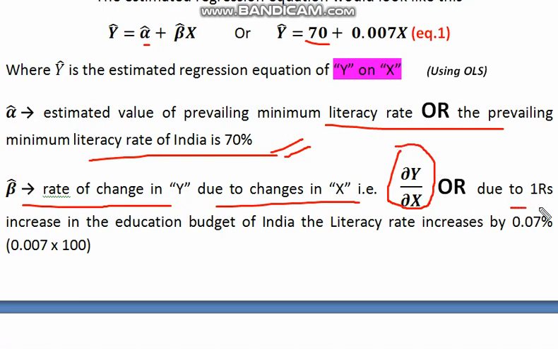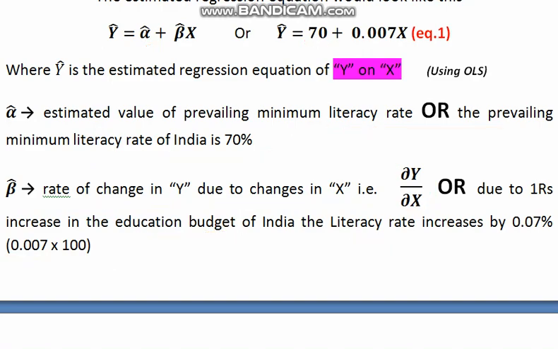Simply in literal terms, it will give us the amount of increase in the literacy rate due to a 1 rupee increase in the education budget. So this beta cap will tell us by how much our literacy rate has been increasing or decreasing. Suppose it is 0.007, I call it 0.07%, just by multiplying 0.007 by 100%, right? So that is how you interpret a simple regression analysis.